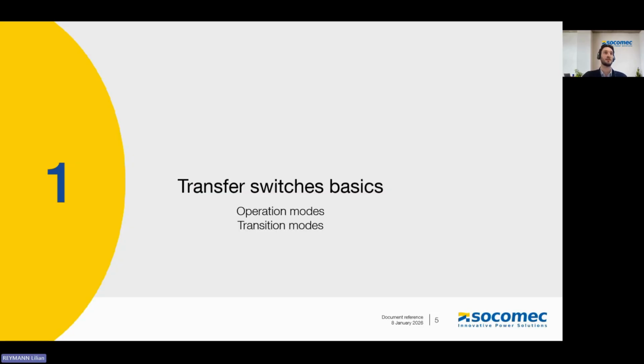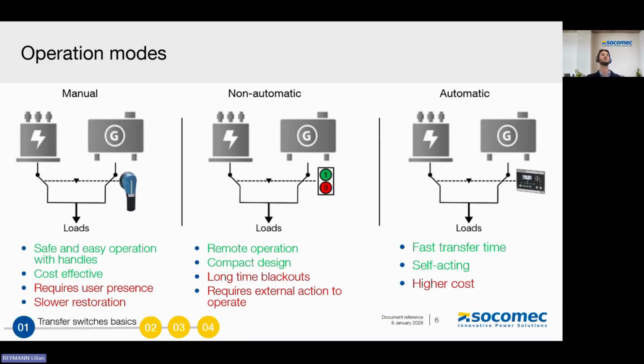As the first part after the introduction, we will go through the transfer switch basics. First, the operation modes. There are 3 operation modes that you can see in the standards. The first one is the manual one. It operates between the primary source and the secondary source, which could be the main, so the grid, and the grid, the main onto the generator, and generator to another generator.